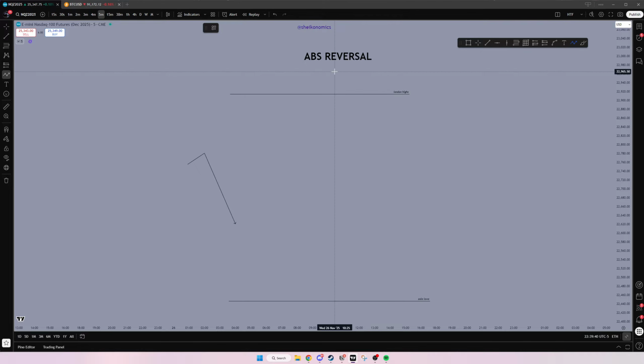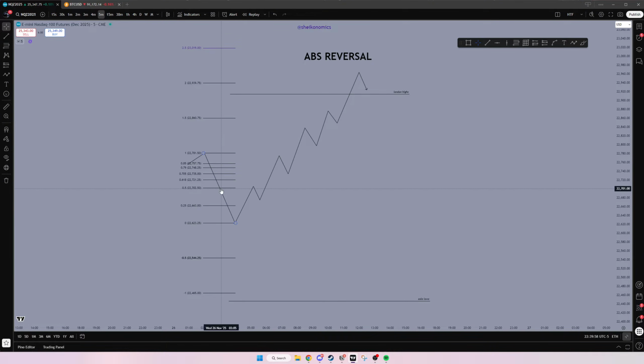Another type of reversal you can catch is when you pair ABS with market maker models. So let's say you spot the first half of a market maker, which is something that looks like this. You can also, for example, place your ABS right here, counting that this is the B leg. And as you can see, we tapped into this 2 deviation right here.